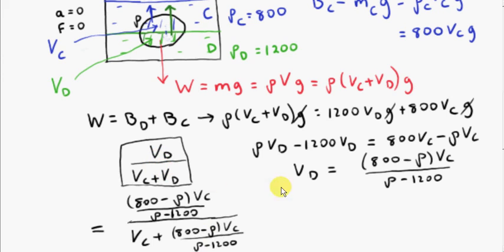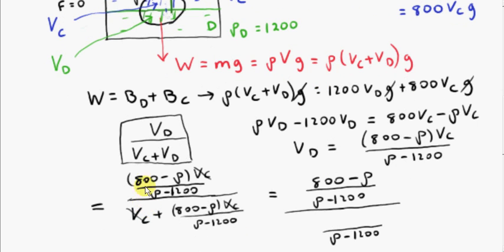So luckily here VD is just a number multiplied by VC. That number depends on rho, the density of the object, but because VD has this form, we can cancel VC above and below. Okay, so when we divide below by VC, we get a 1 here.